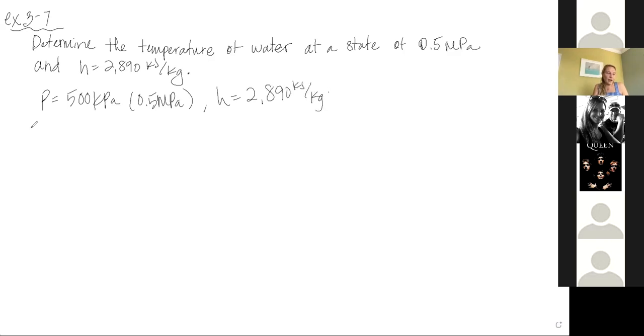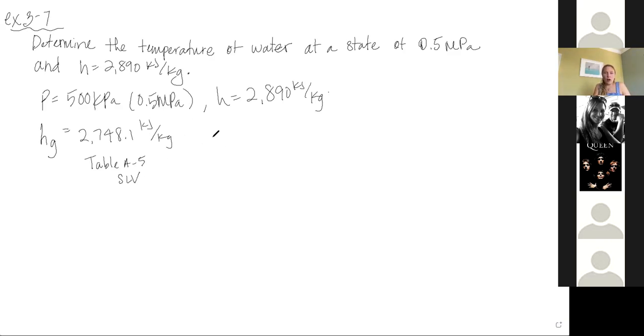If we look at table A5, which is kind of our comparison point, our starting point, at our set pressure of 500 kilopascals or 0.5 megapascals, the enthalpy of our vapor, so our top enthalpy here, would be 2,748.1 kilojoules per kilogram from table A5, which is our saturated liquid vapor.